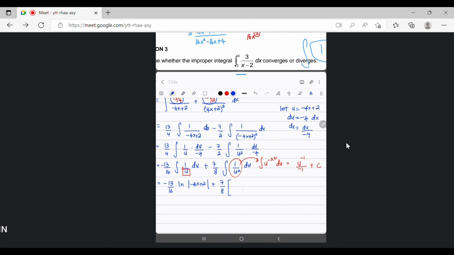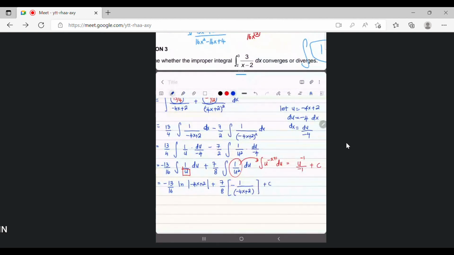So, susun balik. So, negative 1 over u power of negative 1 is negative 1 over u lah. Okay. So, gantikan kita punya u. U kita adalah negative 4x plus 2. Okay. Plus c.